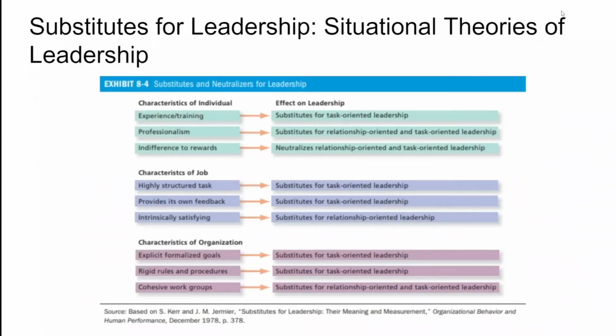So this little graphic right here in your textbook summarizes all of these. We've got it broken down into three sections, as I've just done. Characteristics of the individual: do you have experienced people who are trained, that are professional, that are really not focused so much on rewards? We can easily substitute those things for leadership.